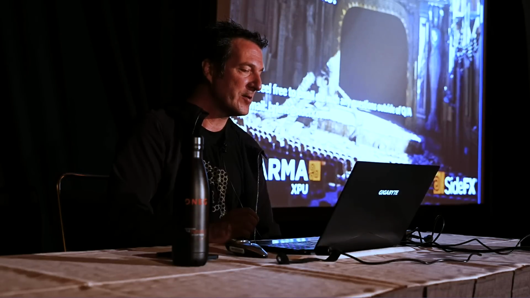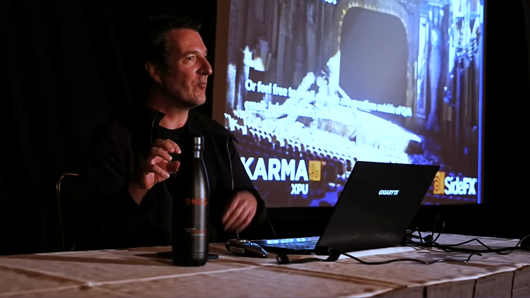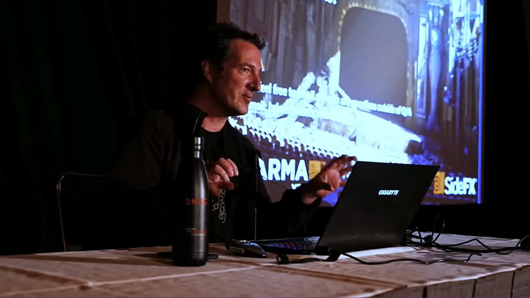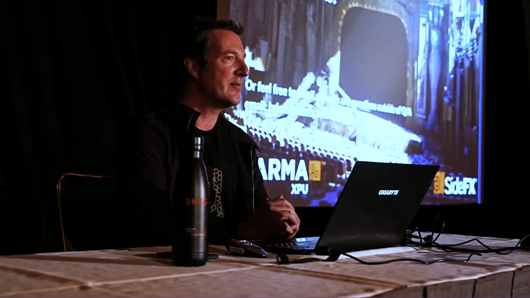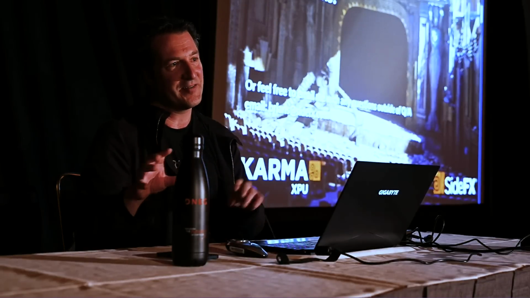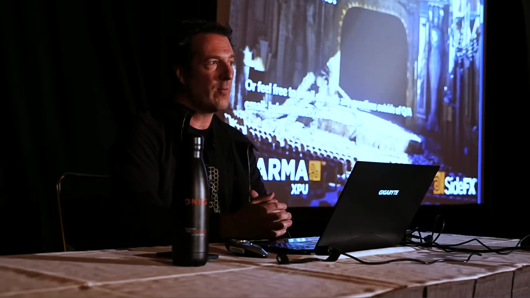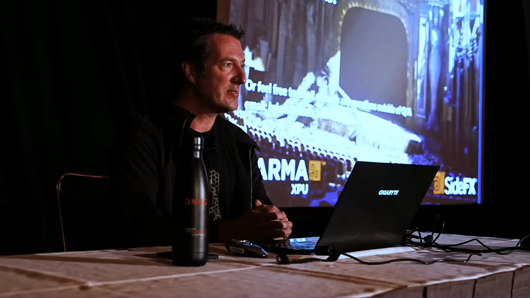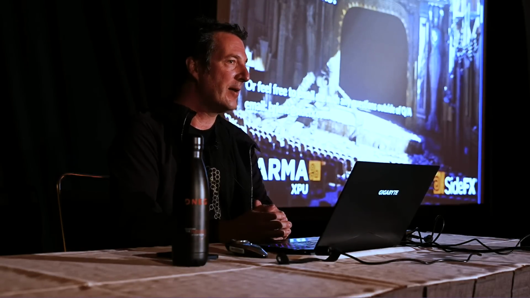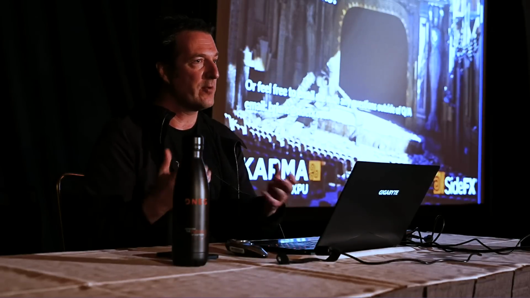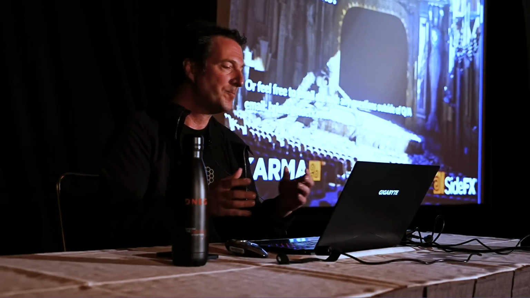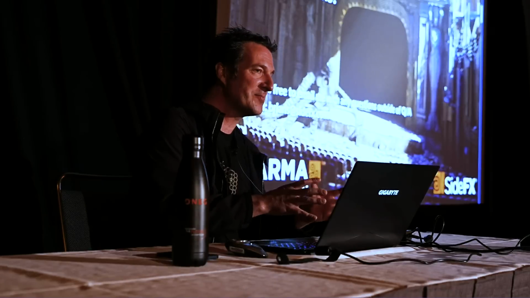Going back to your first question, will Karma XPU's CPU version ever run faster than the original CPU renderer? It's hard to say, because it's not apples to apples, and there are some things that XPU does faster than CPU and the other way around. One thing that Karma CPU has is a lot more flexibility in what it can write. XPU has to balance the algorithms with what's going to run on the GPU as well as what we can do on the CPU, and we have to make them match. On Karma CPU, just because it has only the CPU available to it, it can do a lot more.